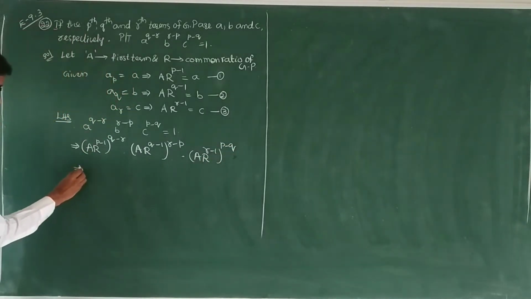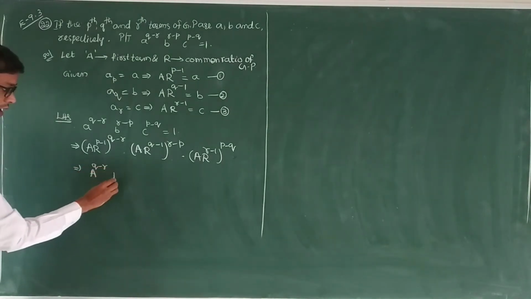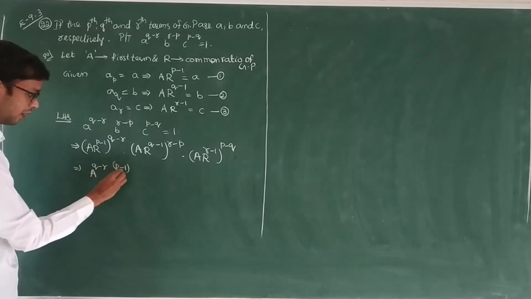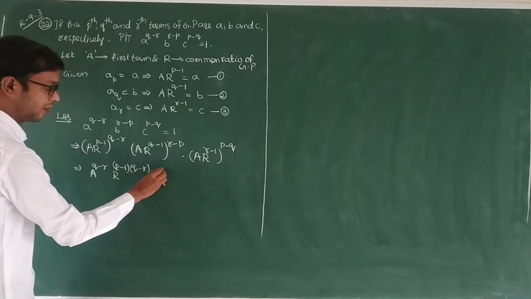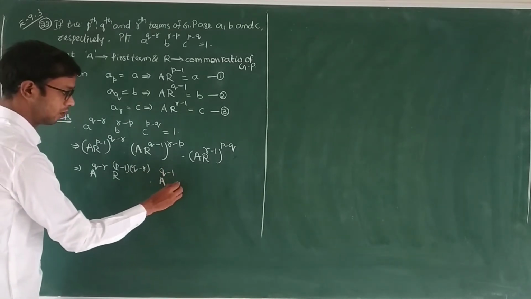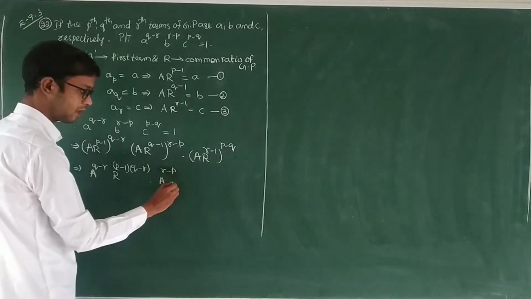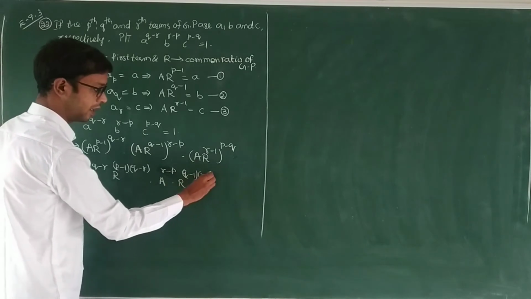So now we can write A power (q−r)(p−1) into (q−r), capital A power (q−1) into (r−p), R power (q−1) into (r−p).